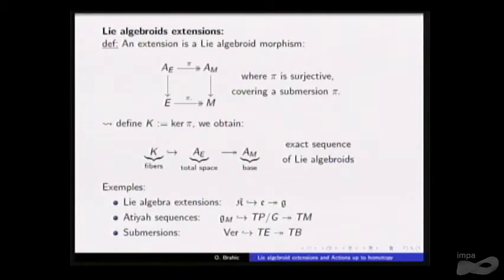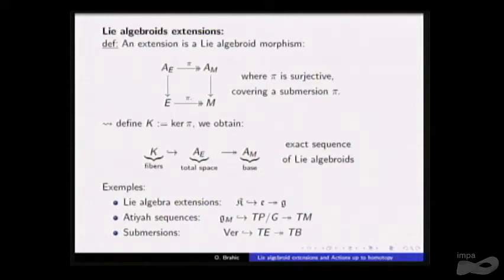Now, if you want the simplest example over different bases, just take a submersion pi dot from E to M and take pi to be the differential. You have a surjective Lie algebroid morphism from the tangent of your total space to the tangent of your base. It should be TM instead of TB.